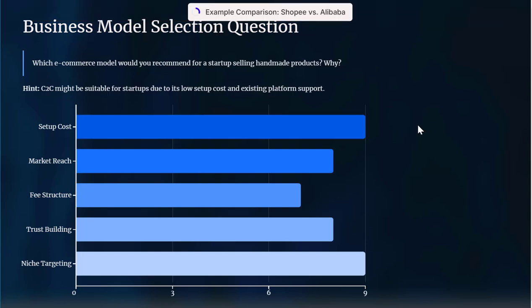And the key question here, the business model selection question, includes the setup cost, market reach, fee structure, trust building, and niche targeting. So which e-commerce model would you recommend for a startup selling handmade products, and why? The answer here may be that C2C might be suitable for a startup due to low setup cost and existing platform support.